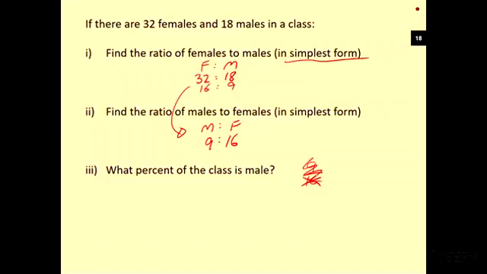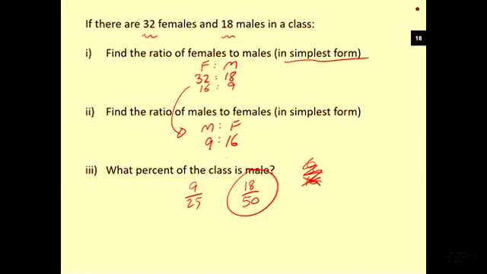I could use it, but if I use my simplified ratio, I'd want to use 9 compared to the total, which is 16 plus 9 is 25. If I did that, I'd be happy. Or just use the original data. The original data said males is 18, and the total class is 32 plus 18 is 50. They're the same answer. 9 out of 25 from the ratio. Well, I admit, I'll just go for that.